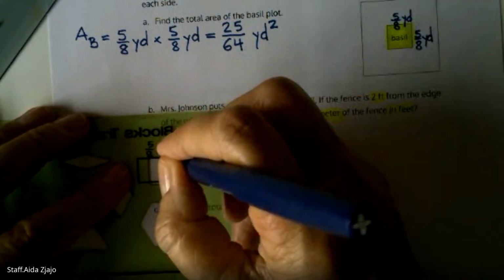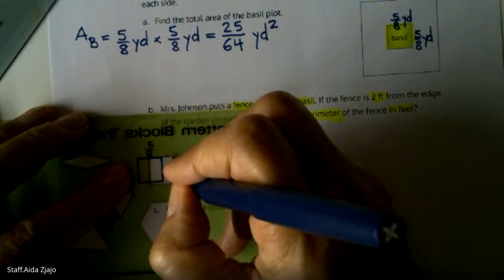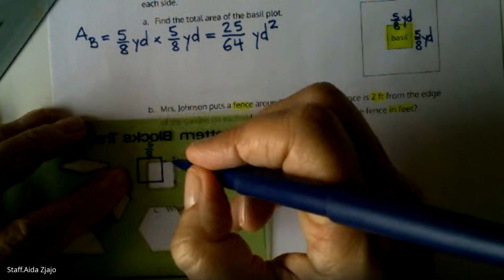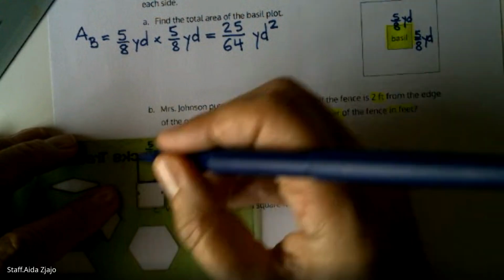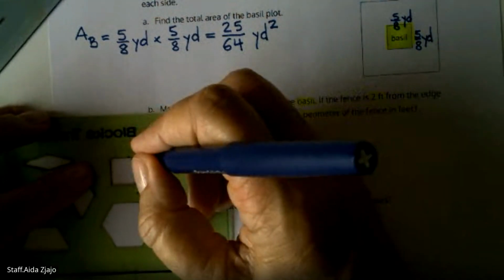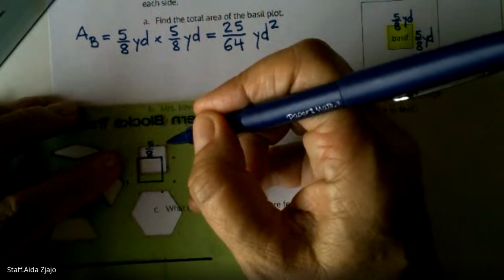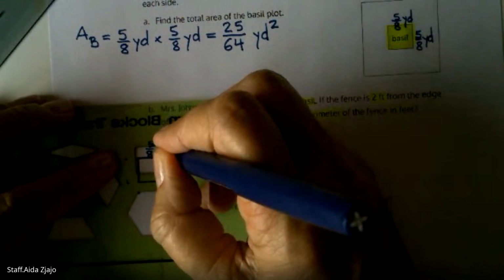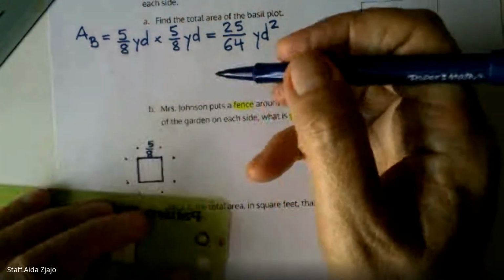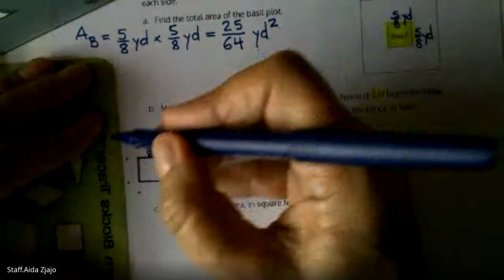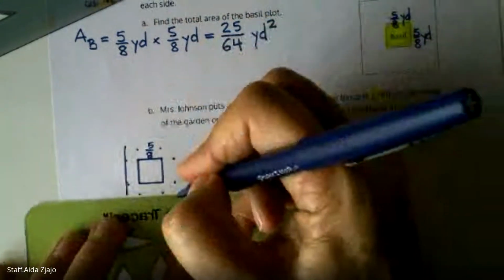So let's pretend this is here and here and about here and here and here and here and also up there. All right, so 2 feet away, so it should be something like that, right?